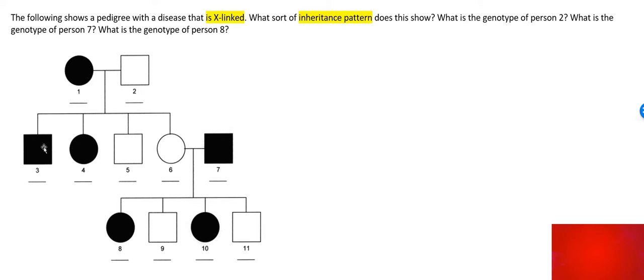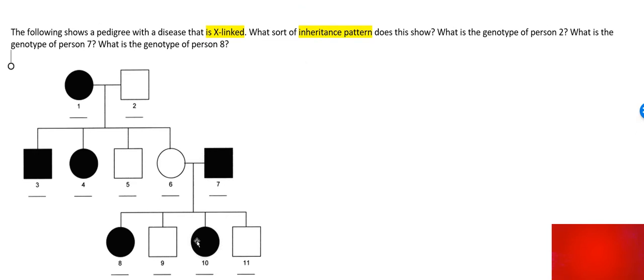In generation 2, again we have affected people. And in generation 3, again we have affected people. So in every generation we have at least one affected person. Therefore this is for sure a dominant disease of some kind. Because it was in every generation, here, here, and here, we know that this is dominant.